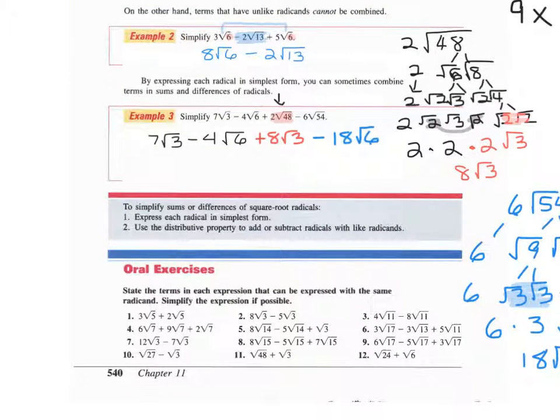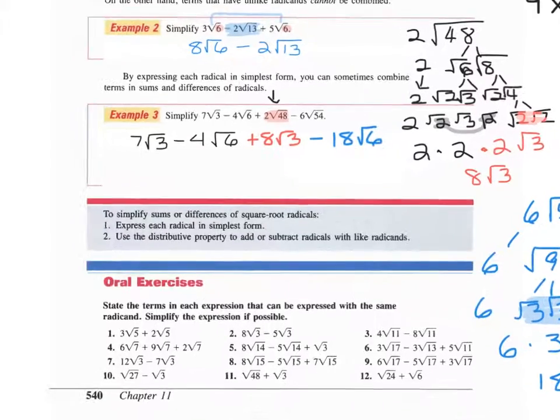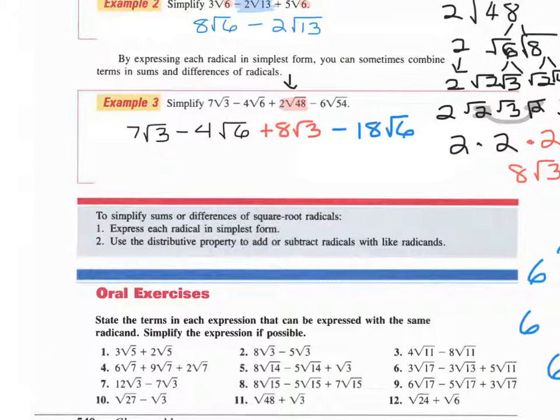Now I can go back and add and subtract. So again, I can only add and subtract the same radicals. So I have a 7 times the square root of 3 that I can group with the positive 8 square root 3. Once I add those two, I'm only adding the coefficients outside. So I would get 15 square root 3.